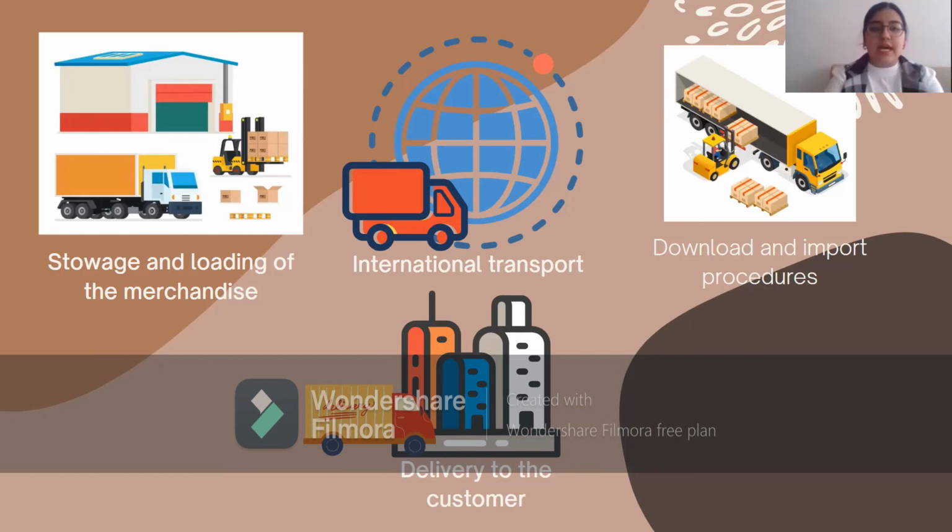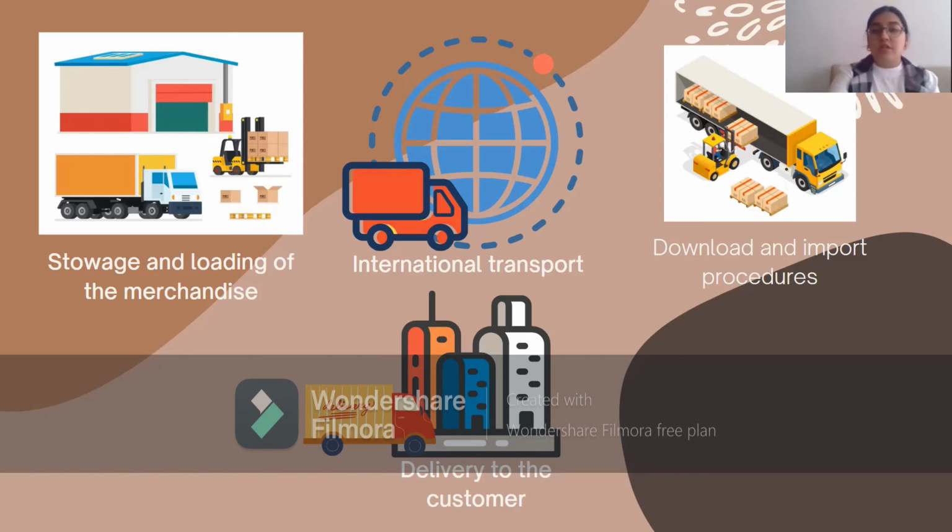Upon arrival in the destination country, the stevedoring company will unload the goods, and then the goods will remain in the terminal at the disposal of the importation and customs personnel until the subsequent import clearance. And then the last stage is the delivery to the customer.